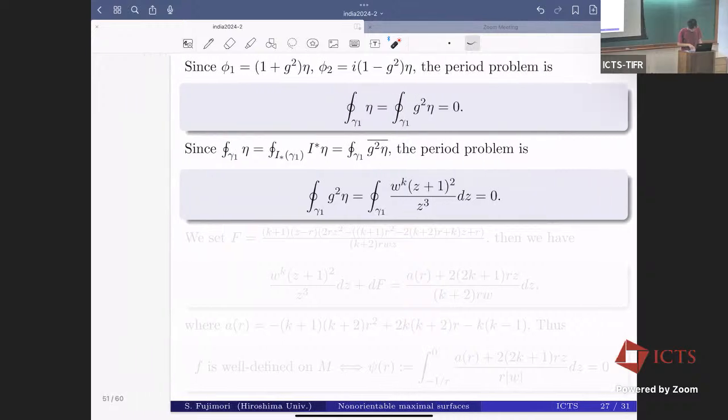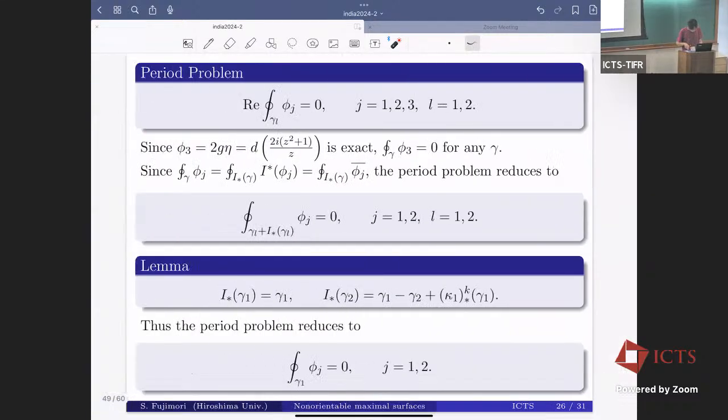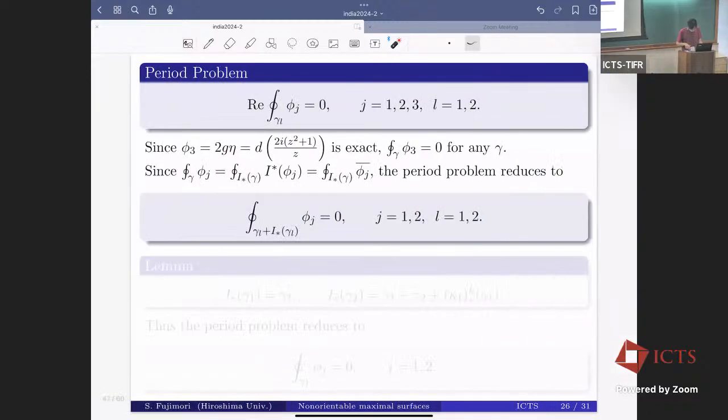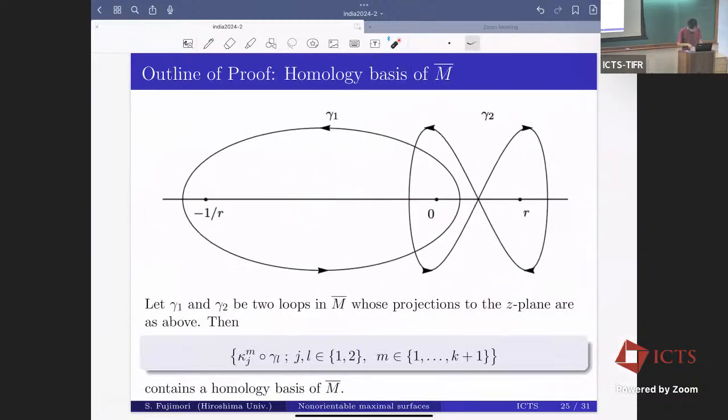But then gamma 1 is here. Gamma 1 is surrounding R and minus 1 over R. So we again want gamma 1 to collapse to the real axis, this and this, this and this. Then we can evaluate the integration.